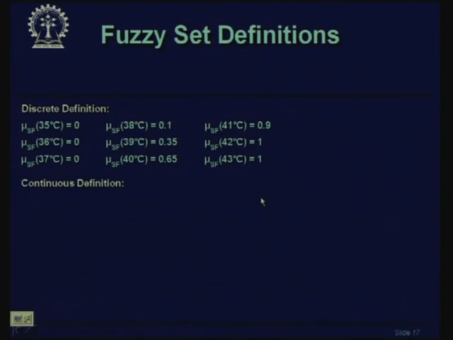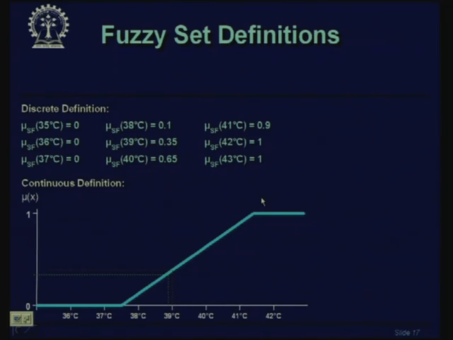These are discrete definitions, and I can have a continuous definition like this. Discrete definition is that 43 degree centigrade membership in strong fever is 1, 42 degree centigrade's membership is 1, 41 degree centigrade's membership is 0.9, 40 degree centigrade is 0.65, and so on and so forth.